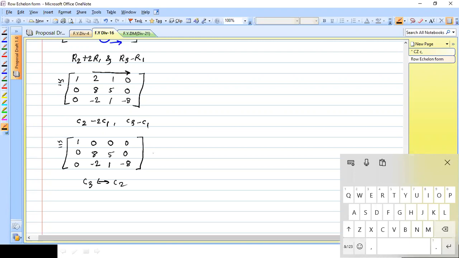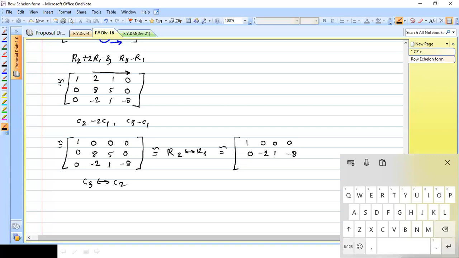So I just write down here first. I interchange R2 to R3. So what I am getting: 1 0 0 0. R2 interchanged with R3 means I am getting 0 -2 1 -8.